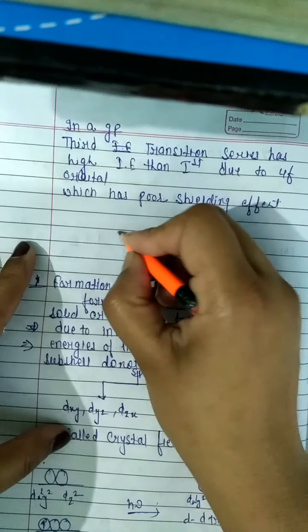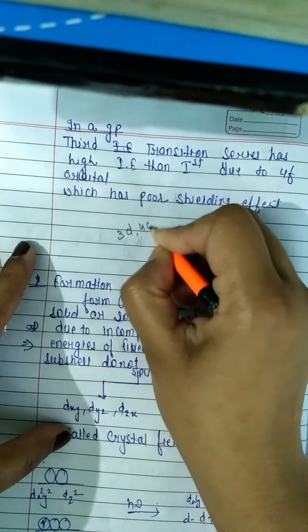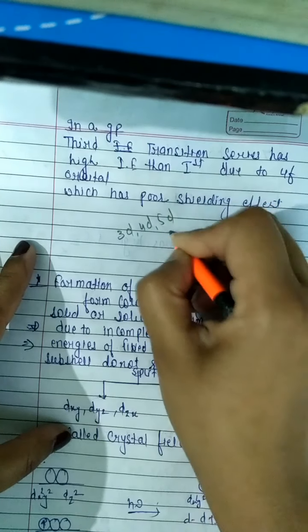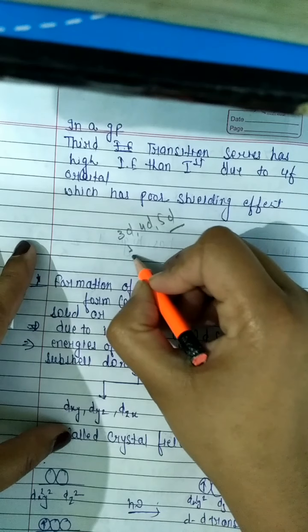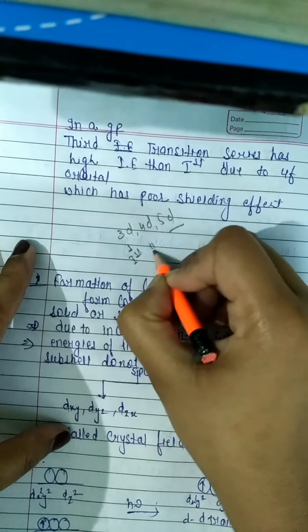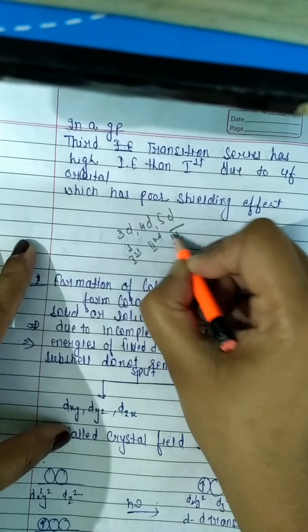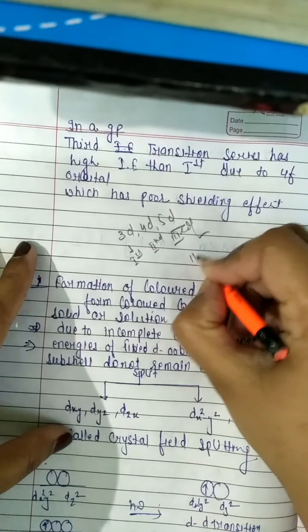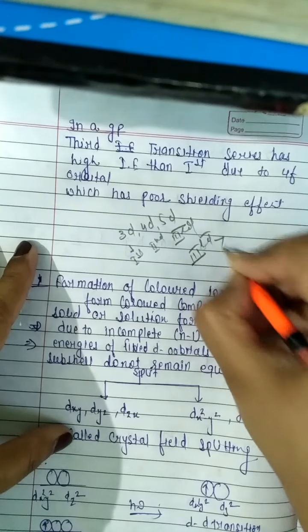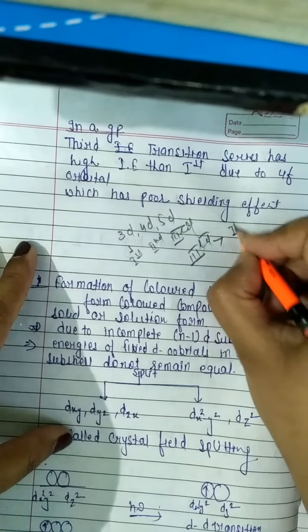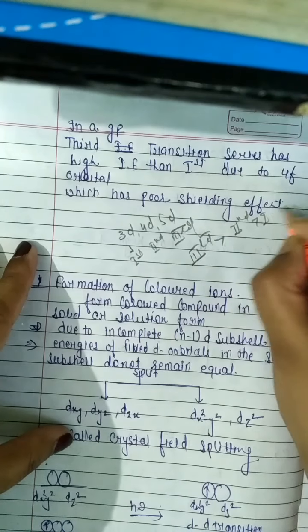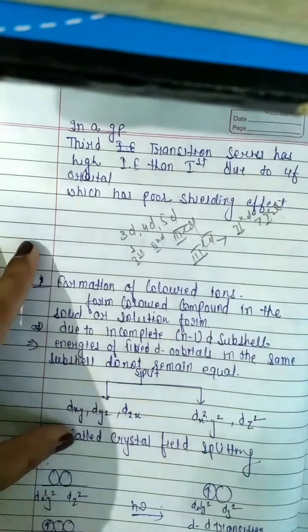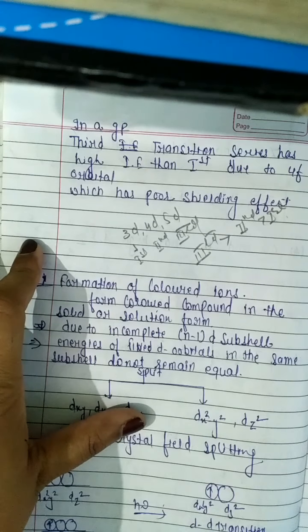Now, mainly we have discussed the 3d, 4d and 5d transition elements. These are called the first transition series, this is called the second, and this one is the third transition series. The third transition series has more ionization enthalpy as compared to the second and first.